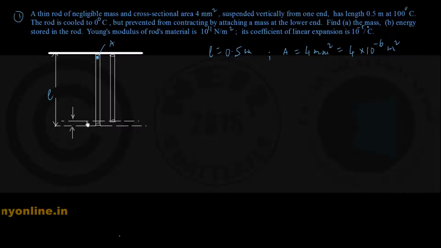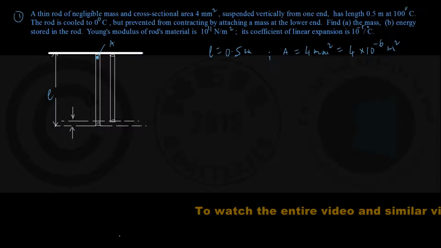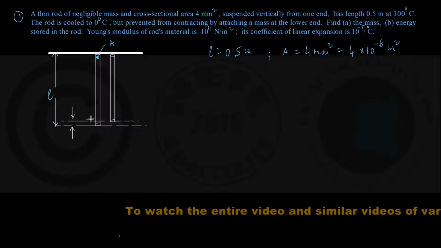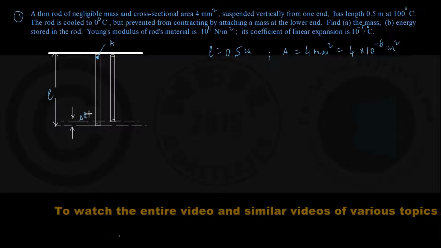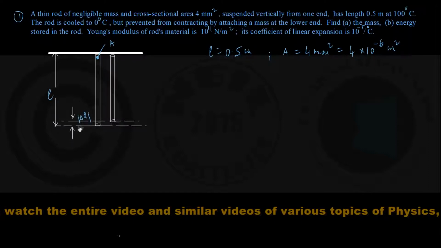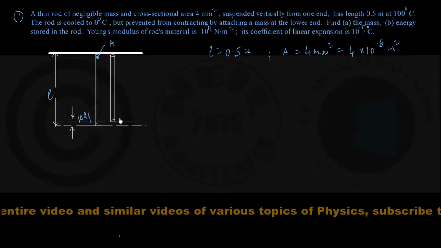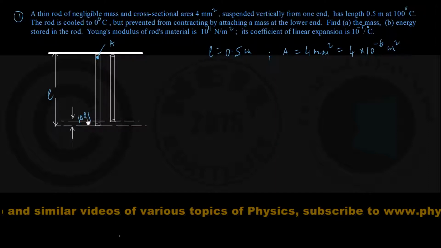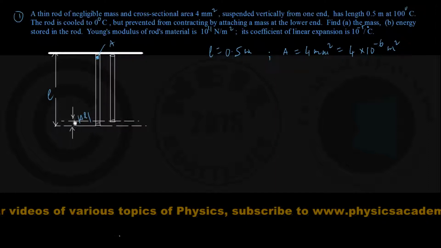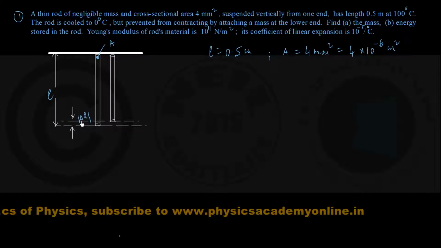And you see that as the temperature has gone down, under no other effect the length should have gone down from this to this, and therefore this distance is standing for modulus of delta L, where delta L is the change in length. Since the length has decreased, delta L should be a negative quantity, so I show here the dimension to be modulus of delta L, that is the absolute value of change in length.